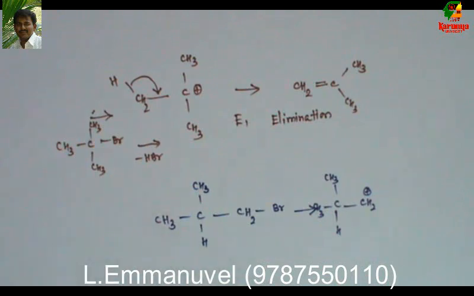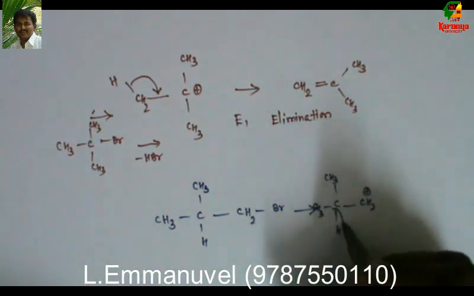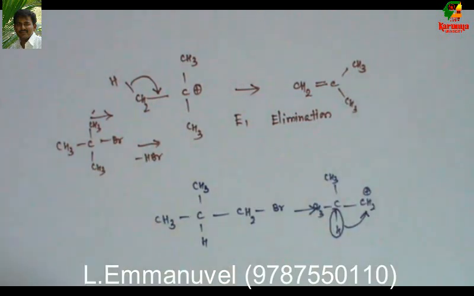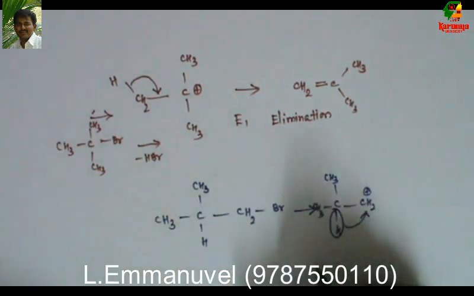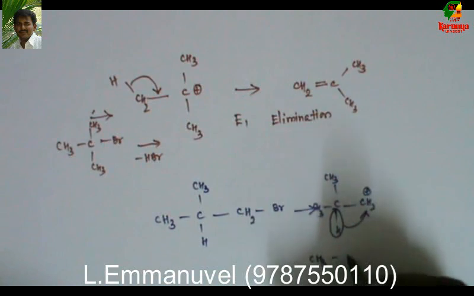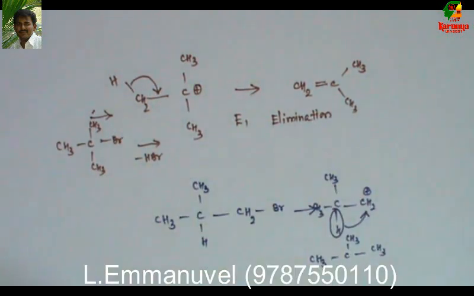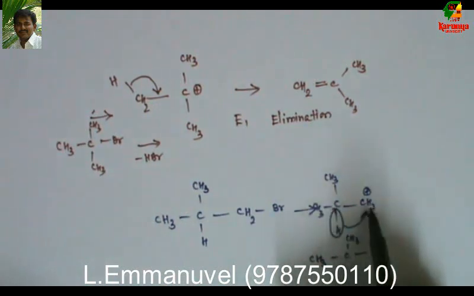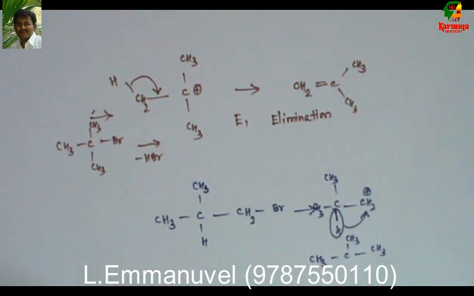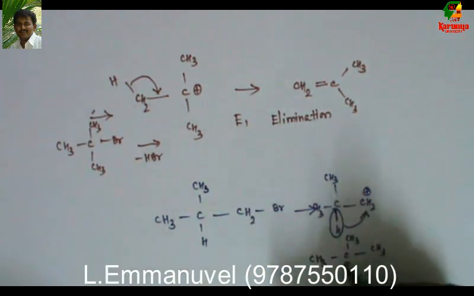If it undergoes rearrangement, then I can get a tertiary carbocation. That is, if I shift this hydrogen here, then what I get is, the H minus migrates here along with this electron. So because of that, I get positive charge here.